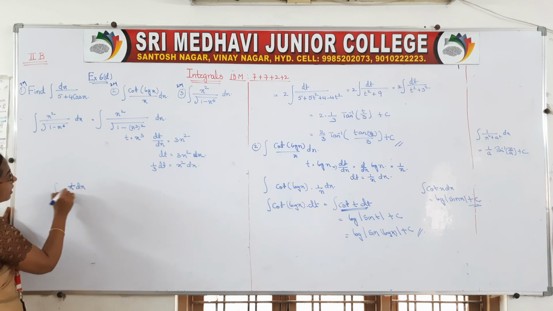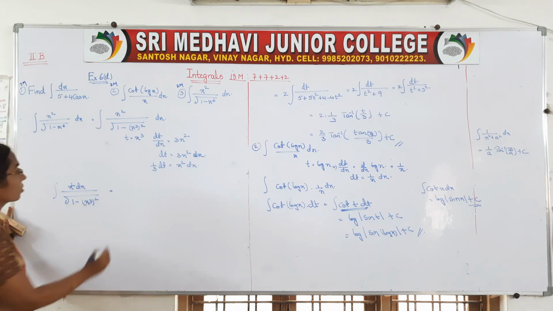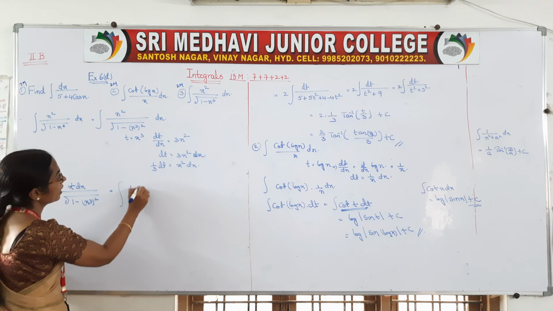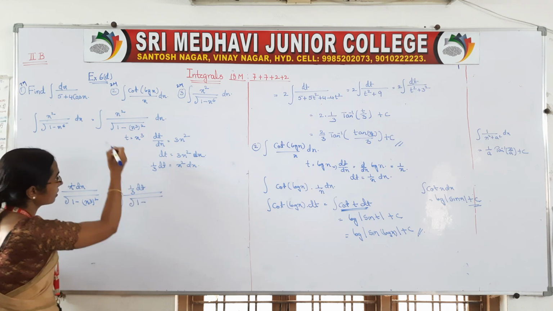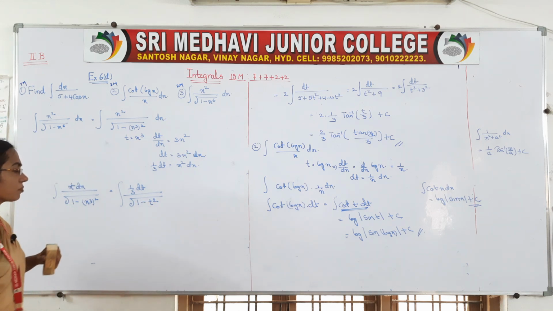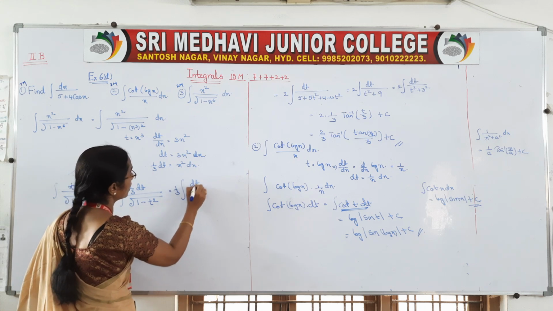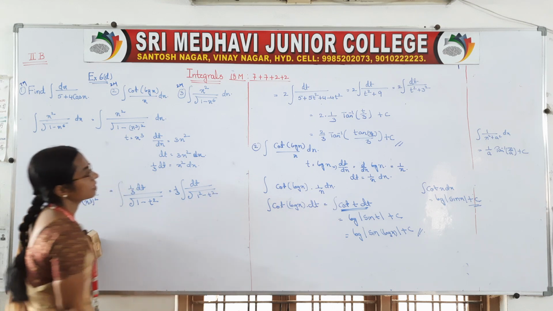Integral of x square dx by root of 1 minus x cube whole square is equal to, we can write in x square dx's place 1 by 3 dt by root of 1 minus t square. Okay. So we can write 1 by 3 outside and integral dt by root of 1 minus t square.